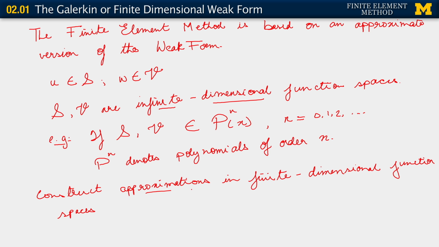Okay, so we construct approximations in finite dimensional function spaces. An example, of course, would be to say that we construct approximations in Pn of X, where n equals, maybe, just 0 and 1. Okay, and this would mean that we are considering approximations in polynomials of up to first order, up to linear polynomials.